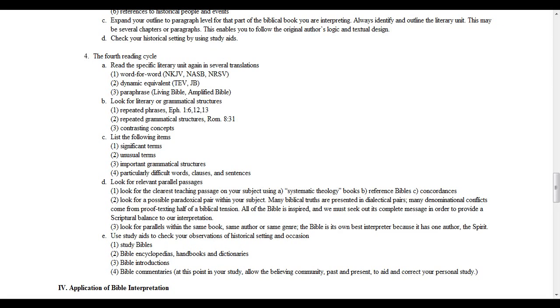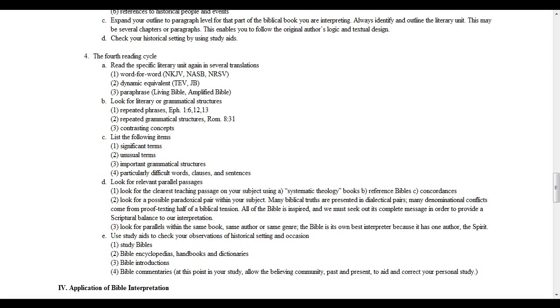Now, this fourth reading cycle, basically you're narrowing down your hermeneutics to a specific literary unit. So you go back to your outline and what you have paragraphed in the letter. For example, if we were using Colossians, Colossians chapter 1, verses 1 through 14 is what I came out with as my literary unit.